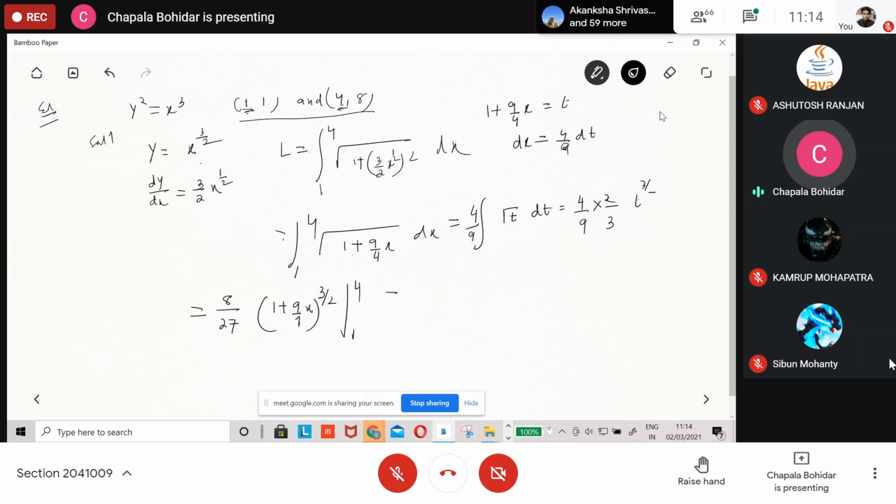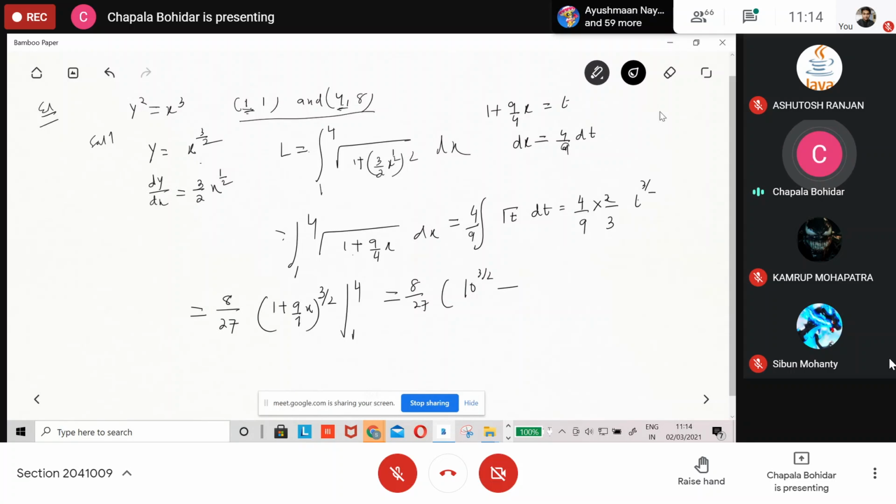So tell me the answer. When I am putting the value x equal to 4, the 4 cancels out, it is 10 to the power 3 by 2. It is 8 by 27 outside, 10 to the power 3 by 2.